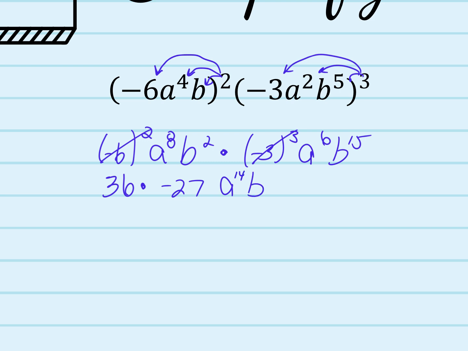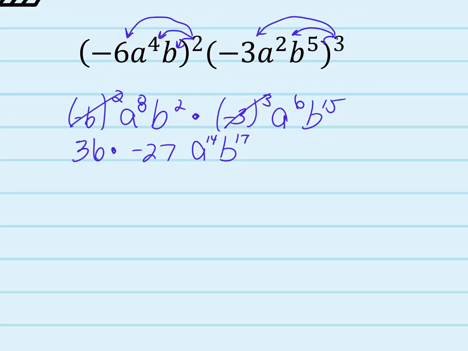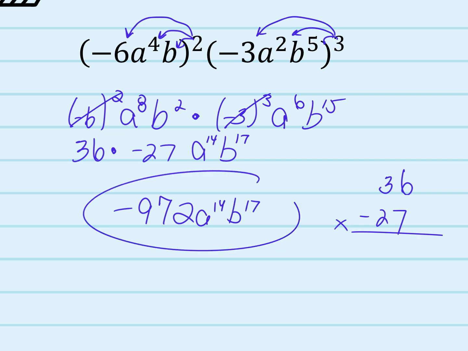And again, I have B. Same bases, rewrite the base, and add the exponents. 15 plus 2 is 17. And then we multiply 36 times 27. Guys, if you have to write it down because you can't do it in your head, perfectly fine. Write it down and multiply. That would give you negative 972, a to the 14th, b to the 17th.